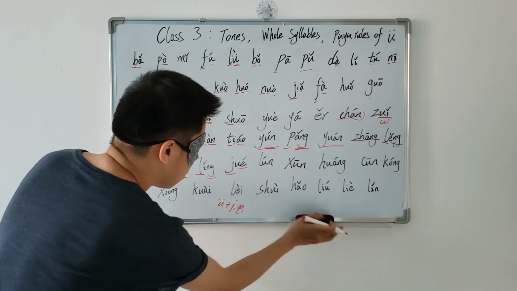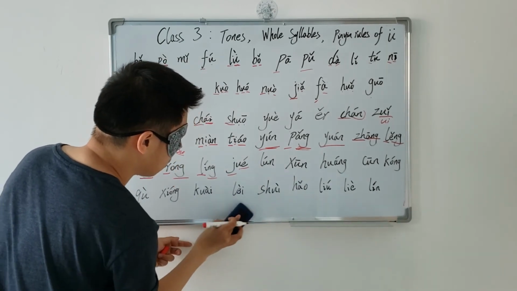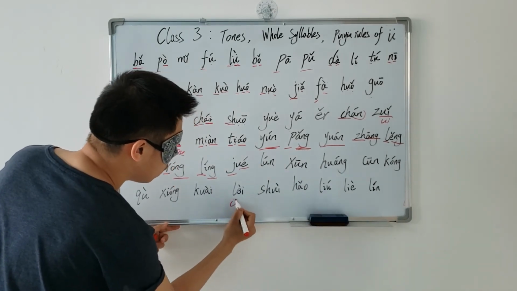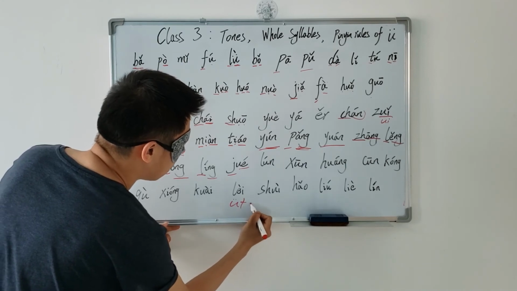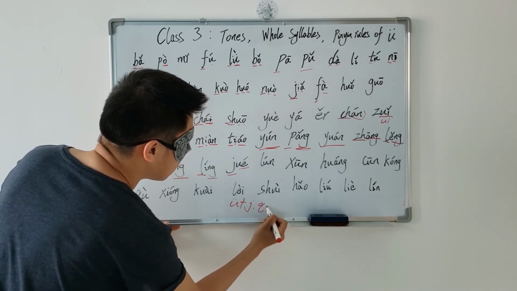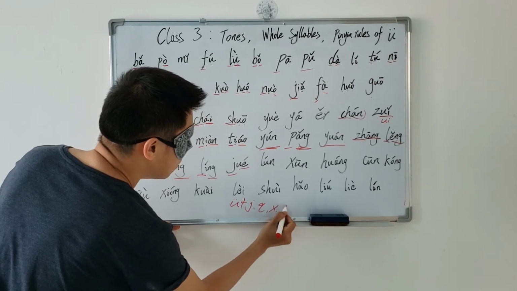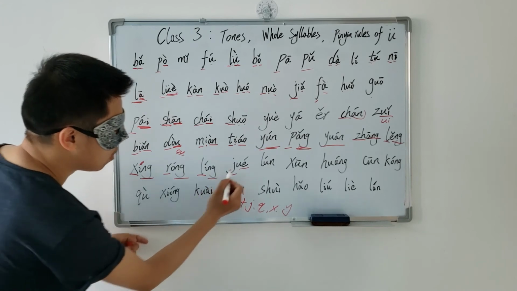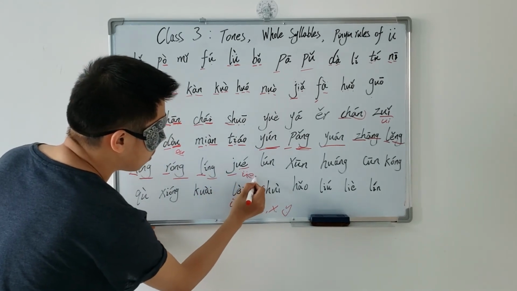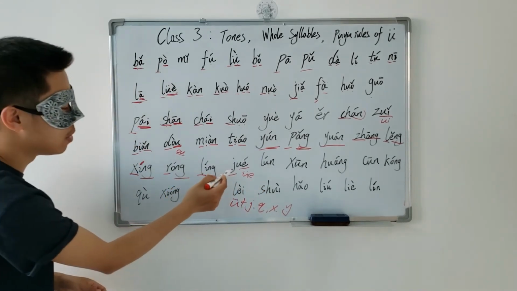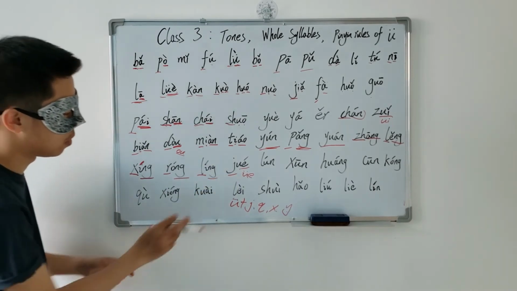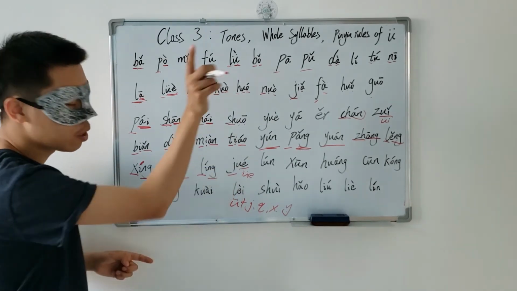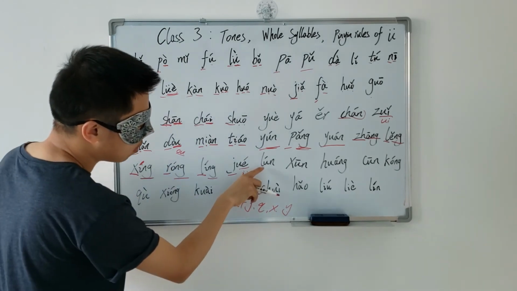Oops, sorry. You know when u plus g, qi, xi, yi, then you take off the 2 points. This is yue. When you put it with the ji, you take off the 2 points. Ji, yue, jue.